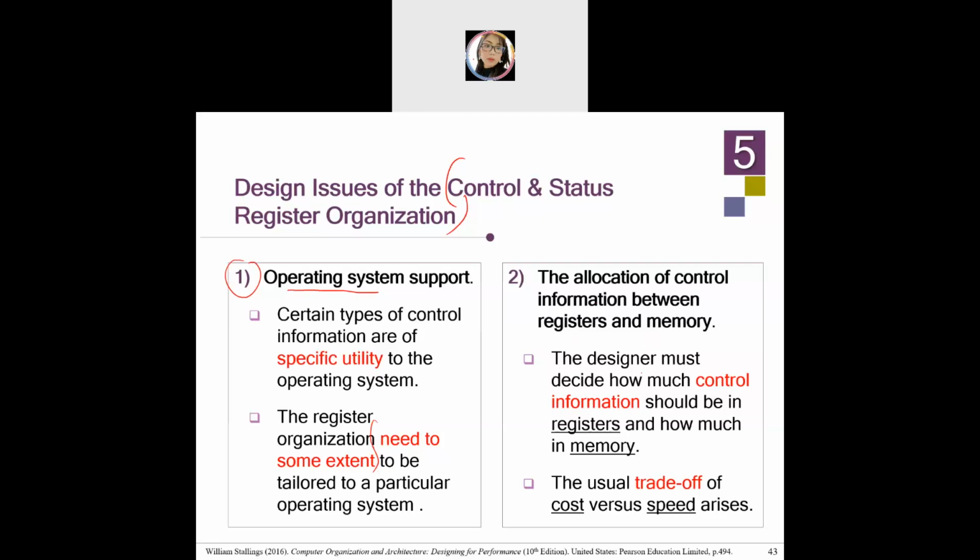The designer must decide how much control information should be in the register and how much in memory. And another one, the usual trade-off of cost versus speed arises. So these are the issues that you can generally find.